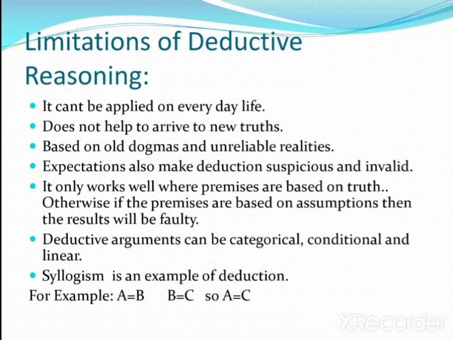The next thing is expectations also make deduction suspicious and invalid. Obviously, if you expect that the next digit will be 9, or you expect the next digit will be 10, 12, then it's not going to sort out your problem. It can be based on suspicion and this suspicion will make it invalid.